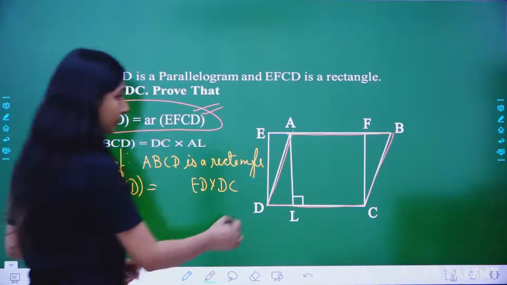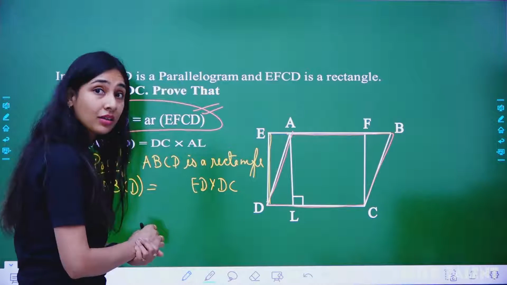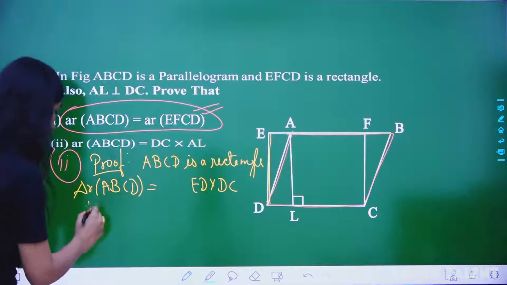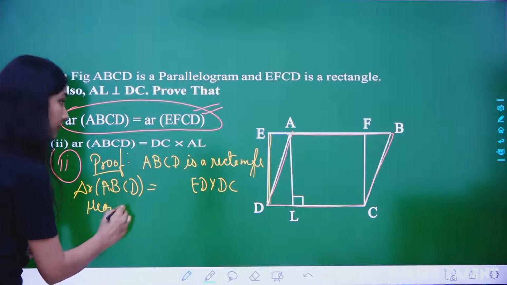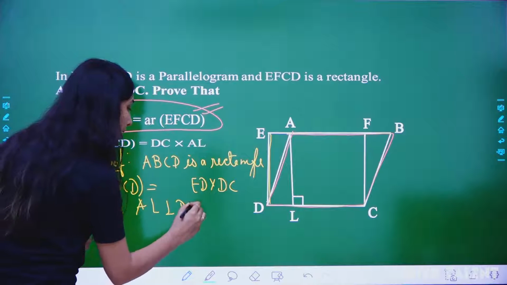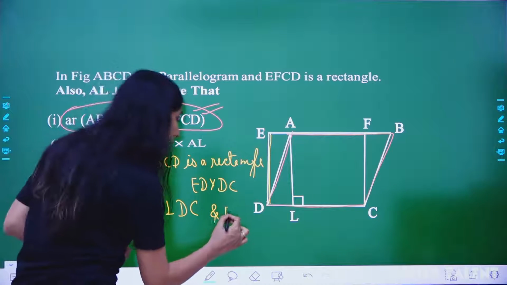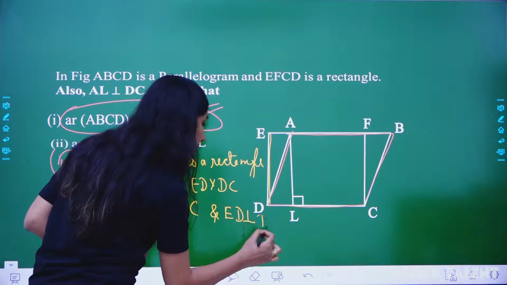Now, this line we have here, AL is perpendicular to DC and also ED is perpendicular to DC.